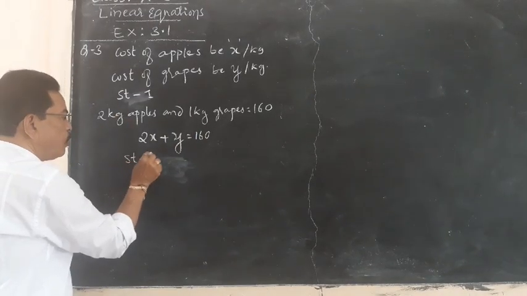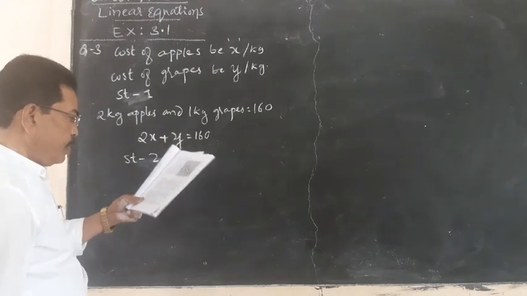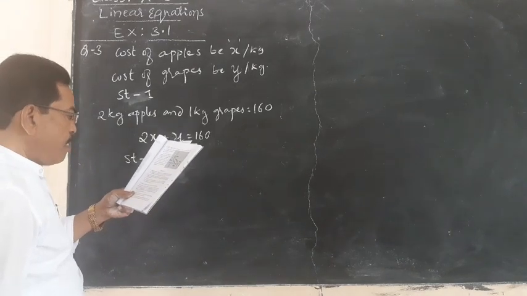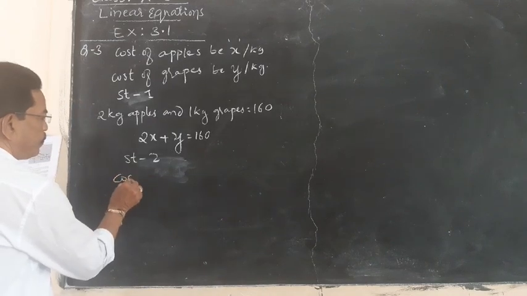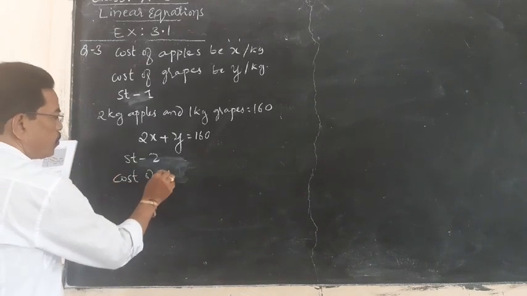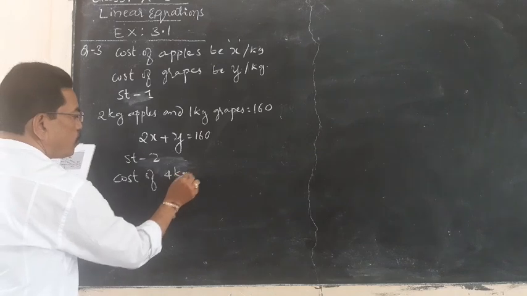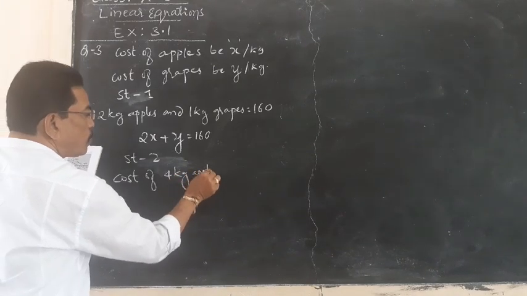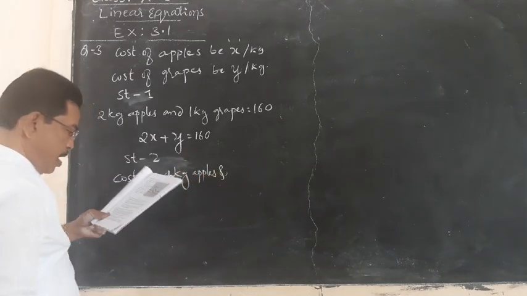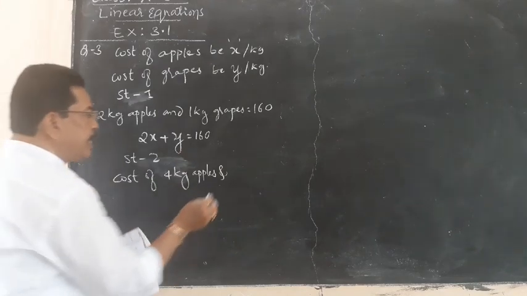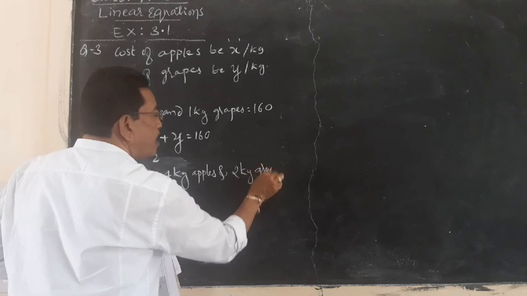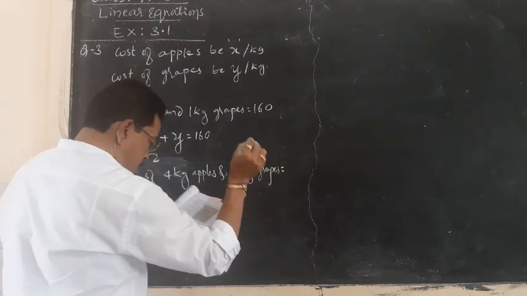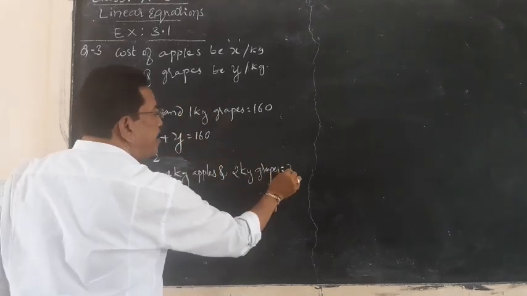Then statement 2. After a month, the cost of 4 kg apples and 2 kg grapes equals 300.